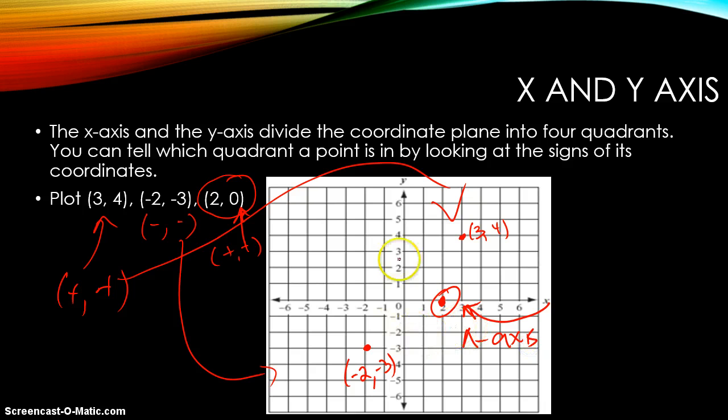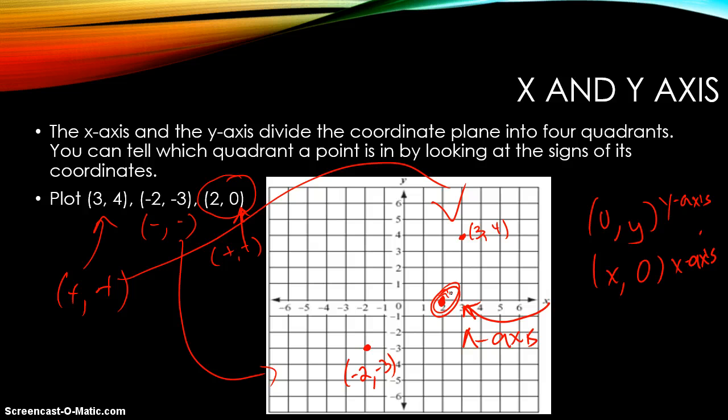Whether you have a 0 as an x or a 0 for y, with a value for the other, you will fall on an axis. Here you'd fall on the y-axis, and here you'd fall on the x-axis. These two points are not in a quadrant. This point 2, 0 is not in a quadrant.